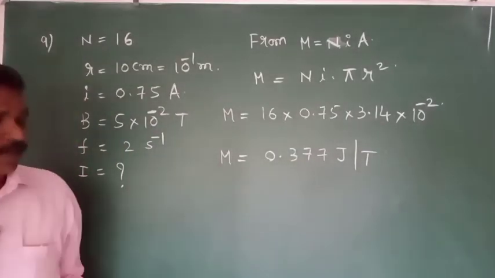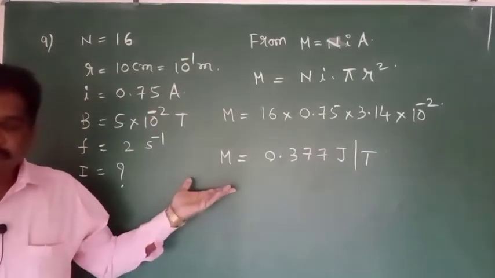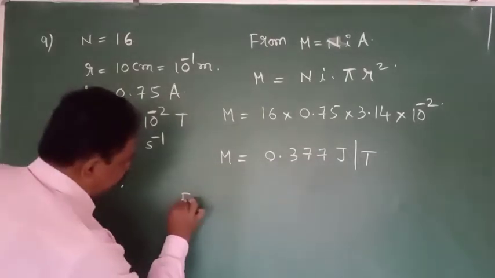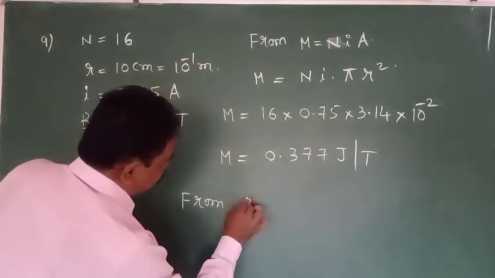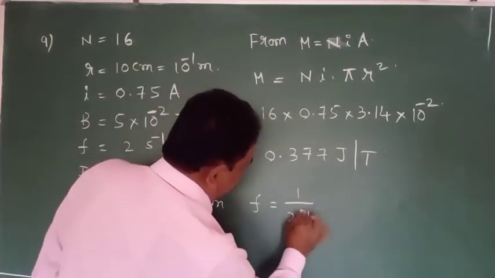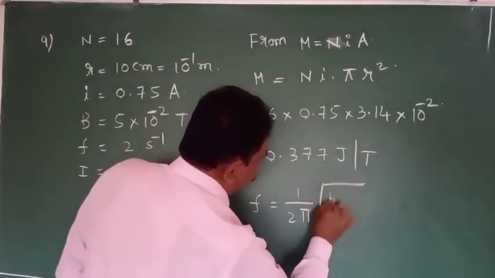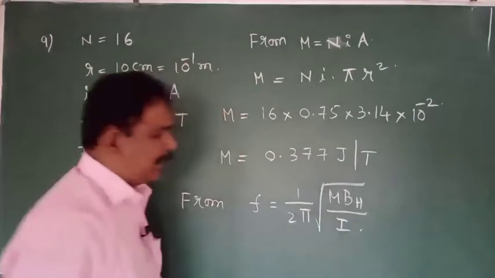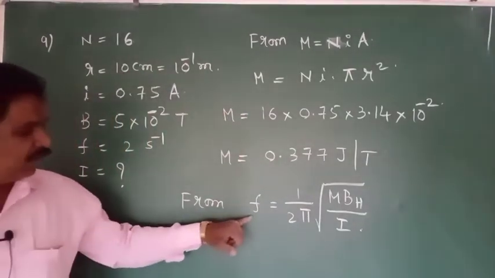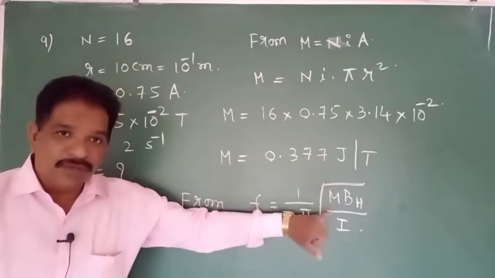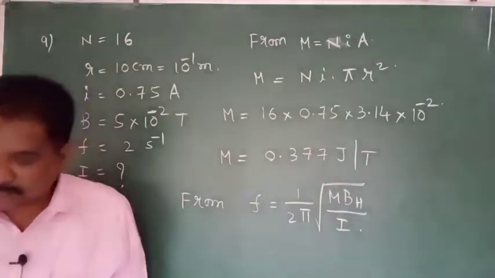That is the magnetic moment. Next, the frequency formula we will use here. F is equal to 1 by 2 pi root of MB by I. This is the formula for frequency.